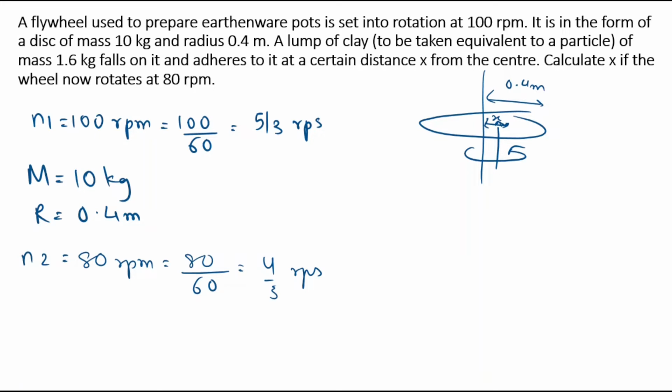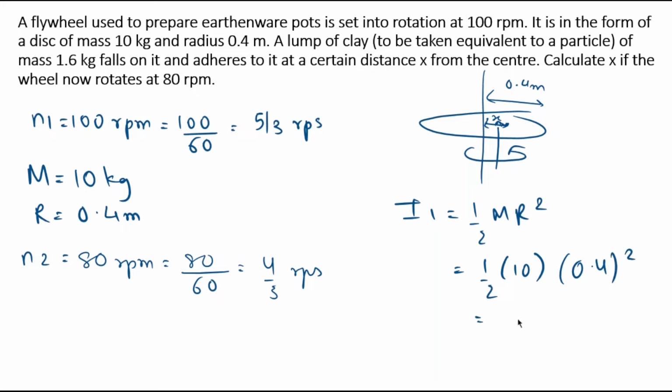So initially the moment of inertia for the disc, which is given as I1, will be half mr square, which will be 1 by 2, mass is 10, into r square, 0.4 square, which will be 5 into 0.16, that is 0.8 kg meter square.